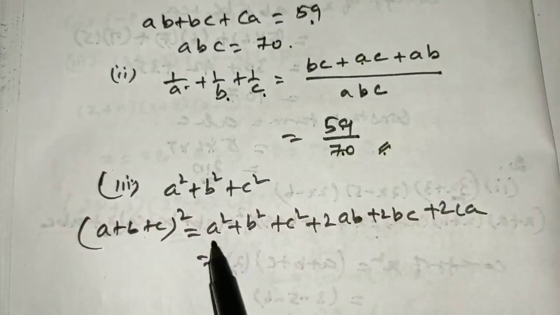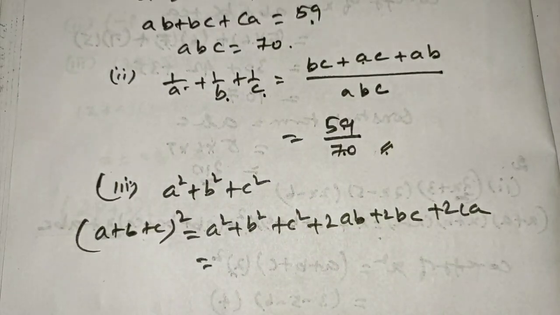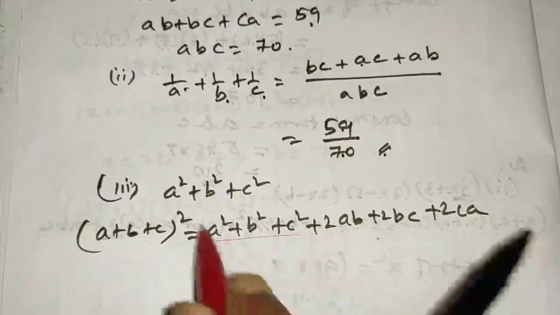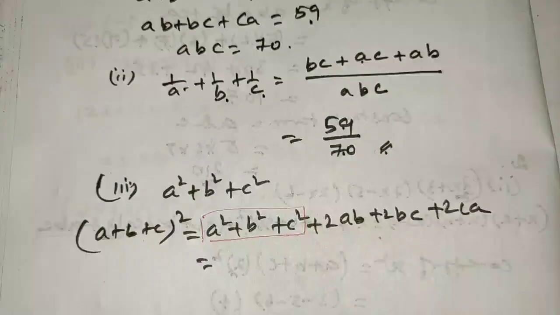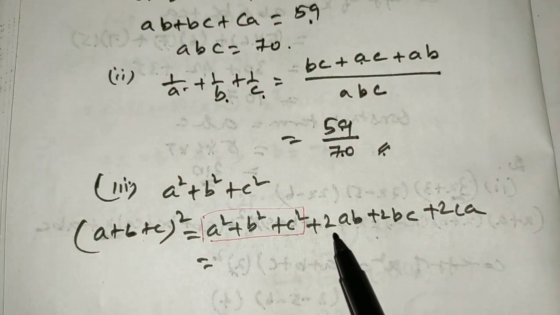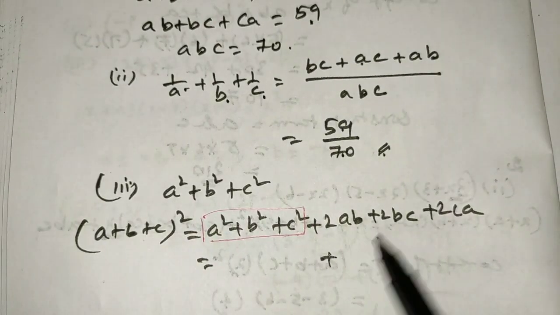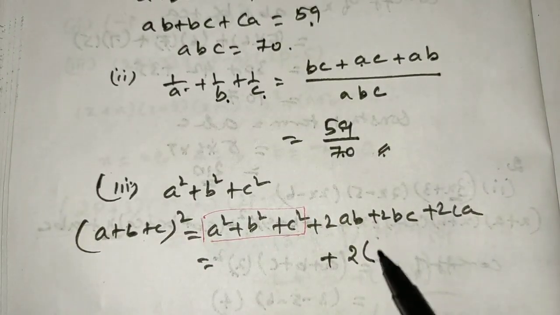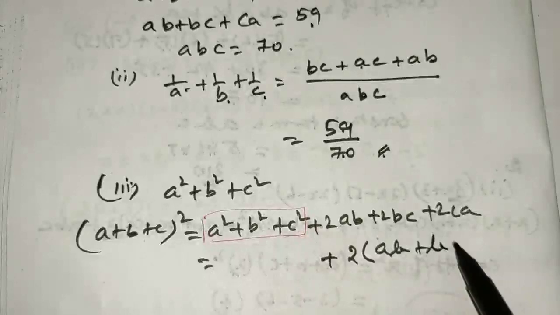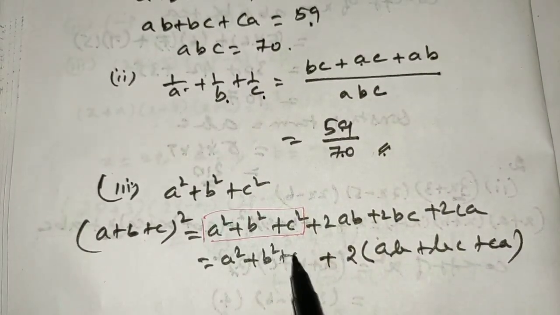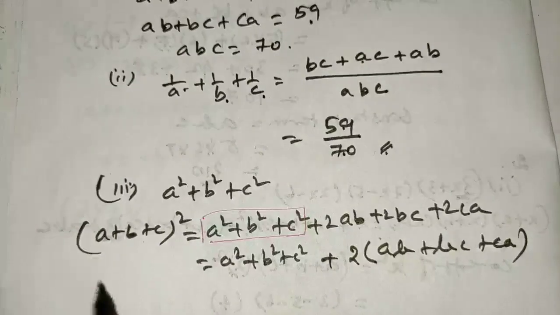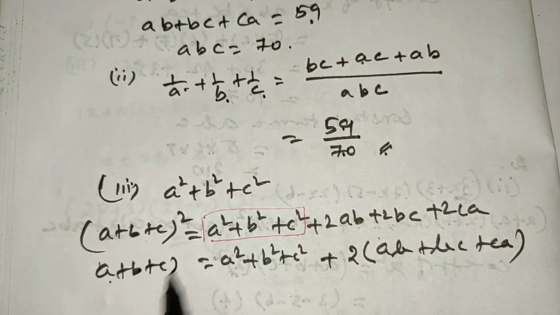In this place we have a² + b² + c², and we have to find this a² + b² + c². So what happened to these three terms? You can take the 2 as common, and you will get ab + bc + ca. Now you can substitute the known values from the above.